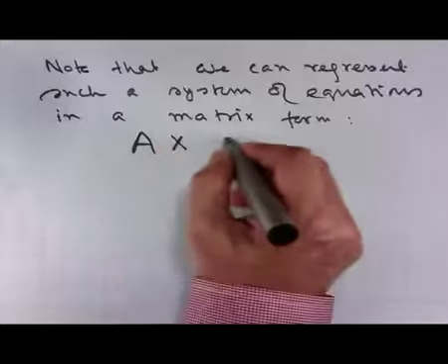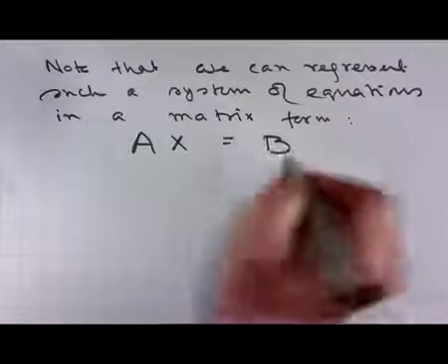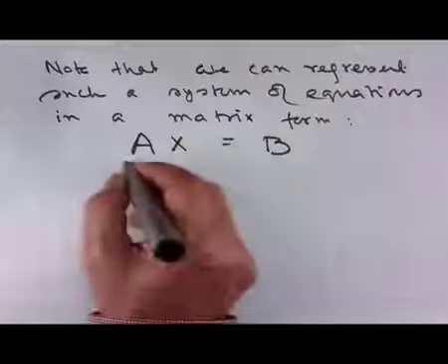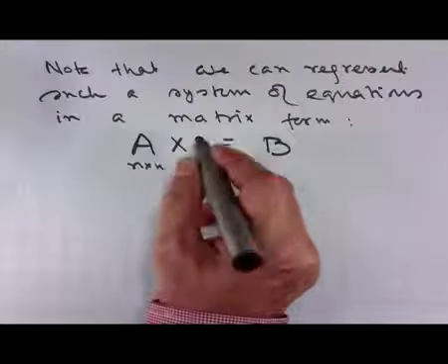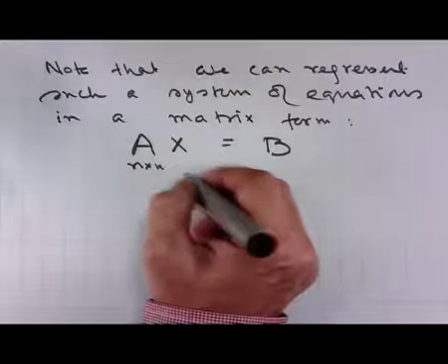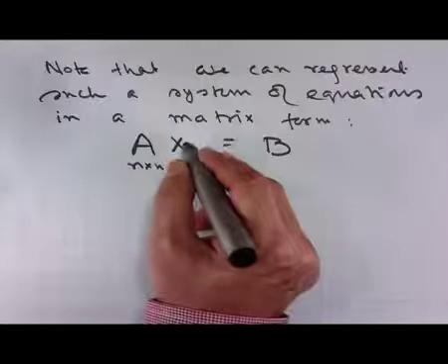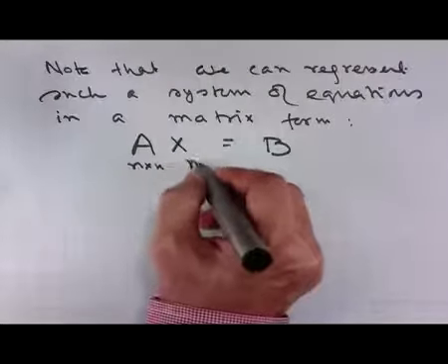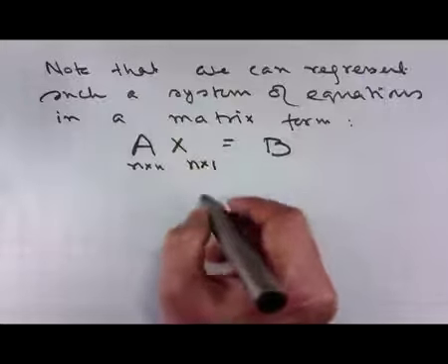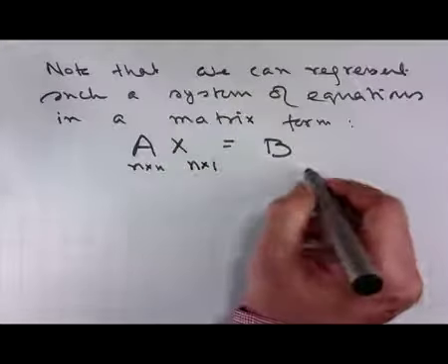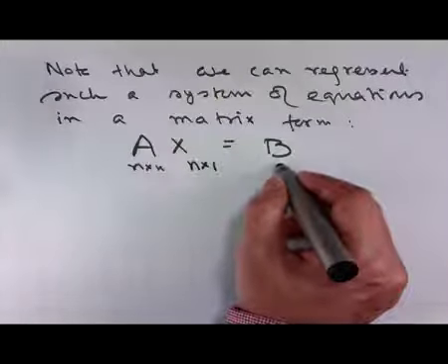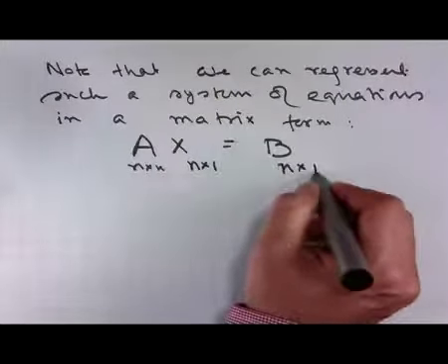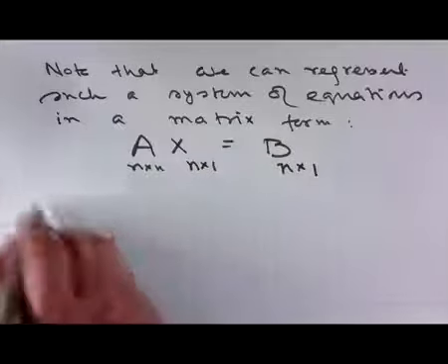Ax is equal to B, where A is n cross n, x is a vector, or a one dimensional matrix, of n rows and one column of variables, and B is the right hand side, again n rows and one column.